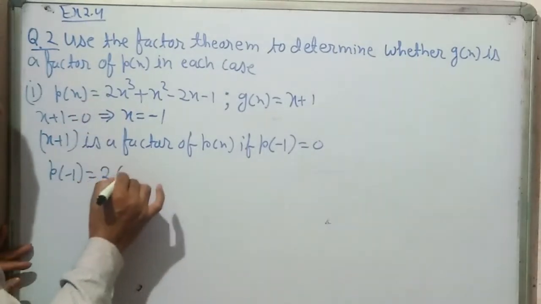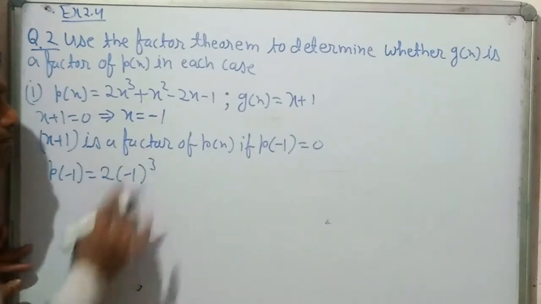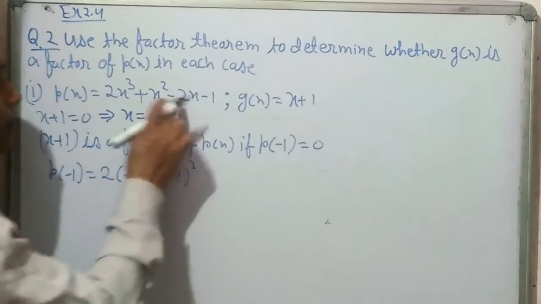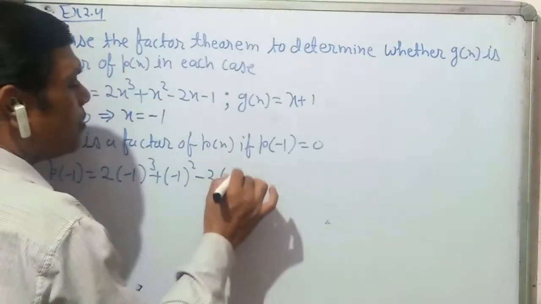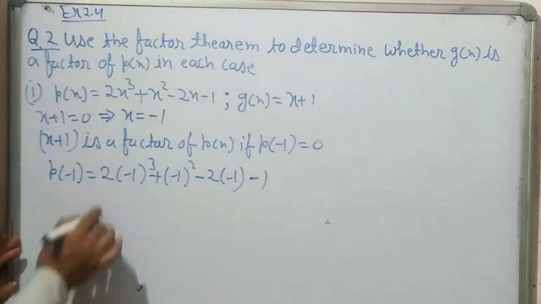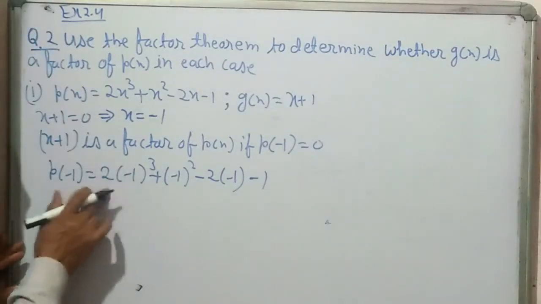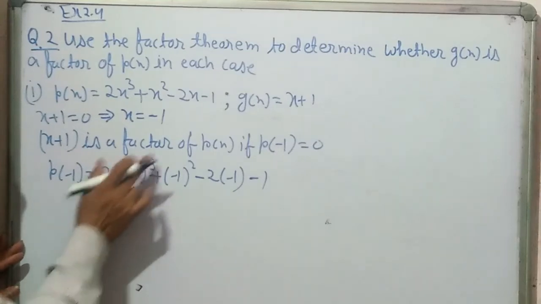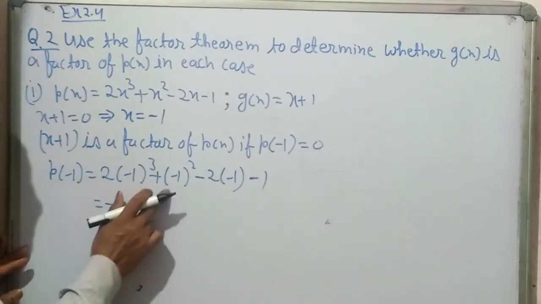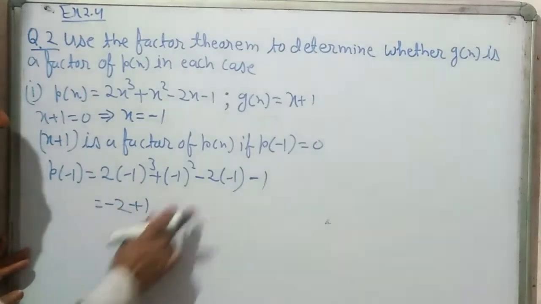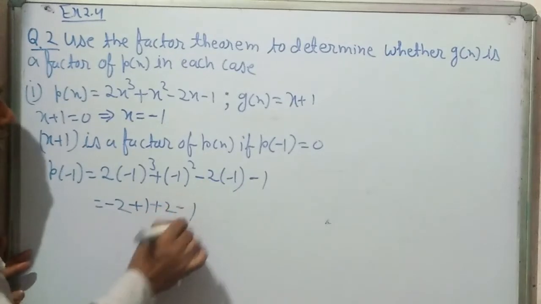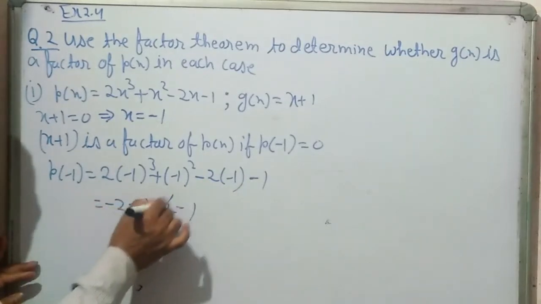We have first 2 multiplied by minus 1 cube plus negative 1 squared minus 2 into negative 1 minus 1. What shall this give us? Minus 2. Minus 1 cube is minus 1. Minus 1 into 2 is minus 2. Square is positive. Minus into minus, plus 2. That's minus 1. Are we getting cancelled?